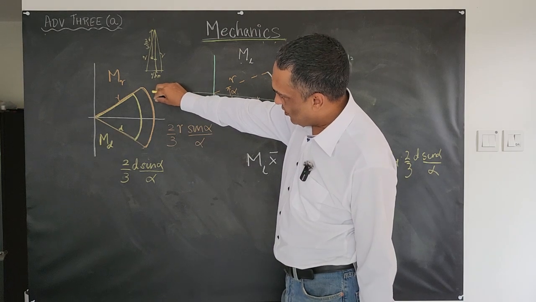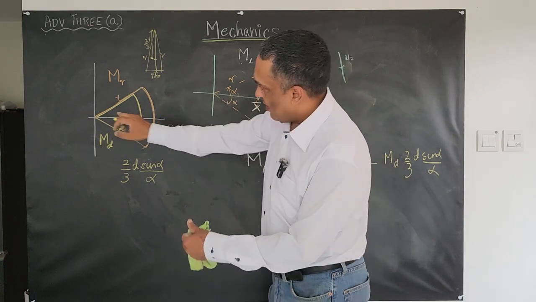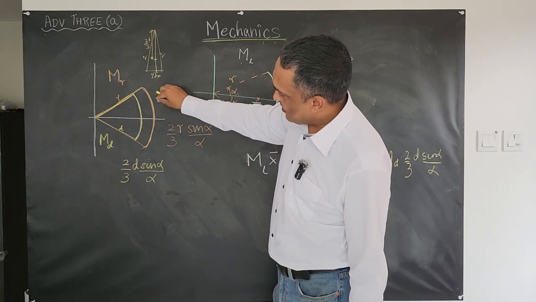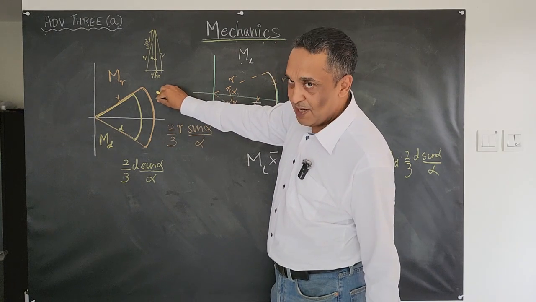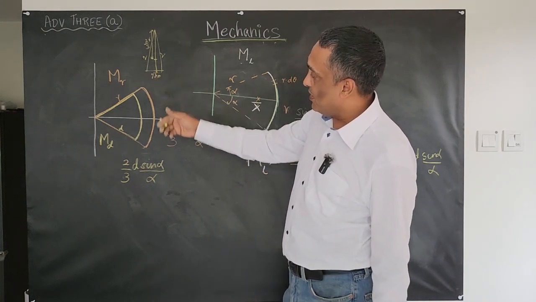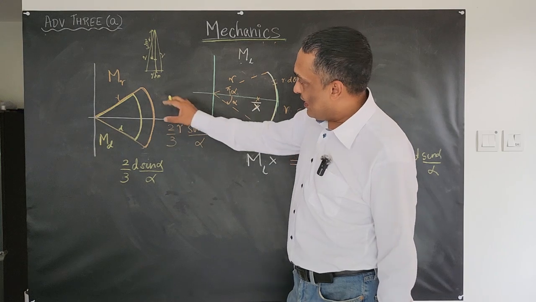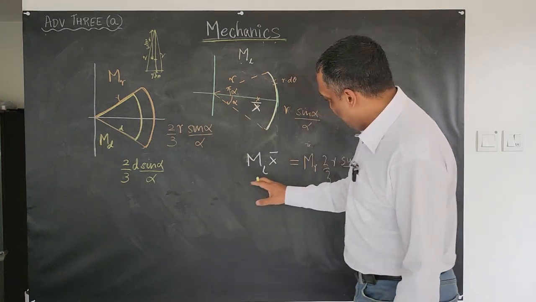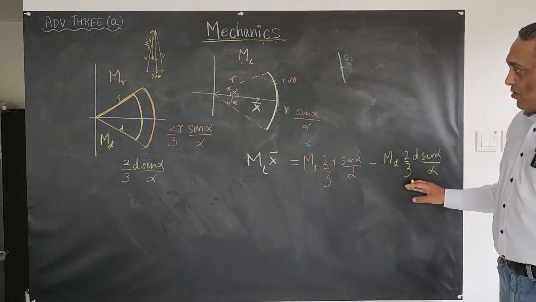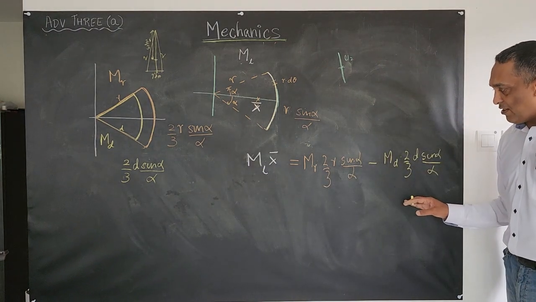You took the r squared delta theta, which is r times that by half r squared delta theta, and then you integrated that for the whole mass, which gave you 1/2, and then the r squared integral was r cubed by 3, and here you would get d cubed by 3. If you substituted those in here, you could adjust these values, and you'll see what happens.